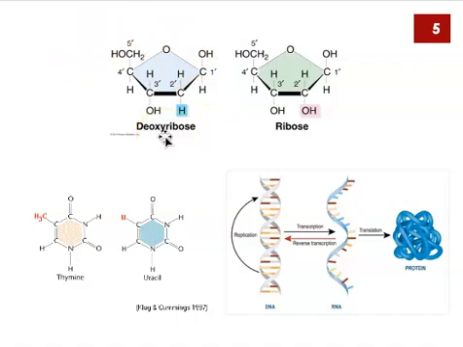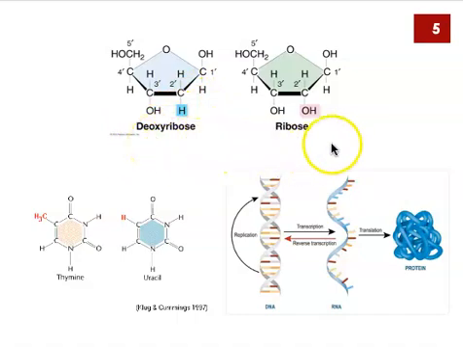The ribose sugar has 5 carbons in it, and this is called deoxyribose because it's missing an oxygen. Normally we would see an OH on carbon number 2 and an OH on carbon number 3, but we're missing an oxygen, so it's called deoxy, or without oxygen.